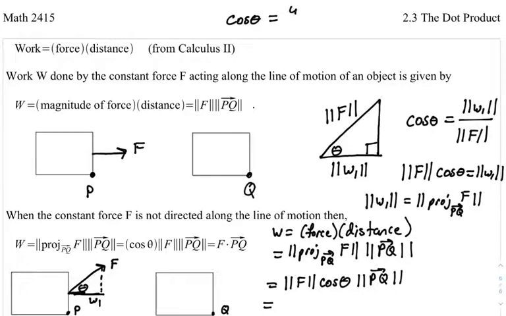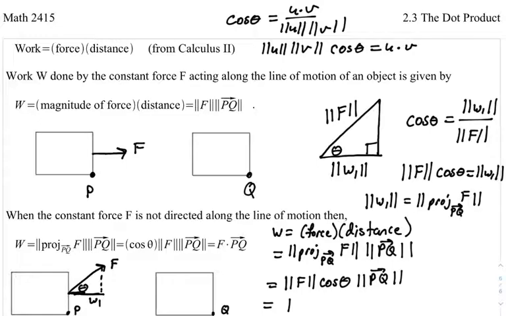Well, I'm going to write it up at the top here. Recall that the cosine of theta is equal to u dot v over the magnitude of u times the magnitude of v, theta being the angle between u and v. Or the magnitude of u times the magnitude of v times the cosine of the angle in between u and v is equal to the dot product. And so that's exactly what we got here.